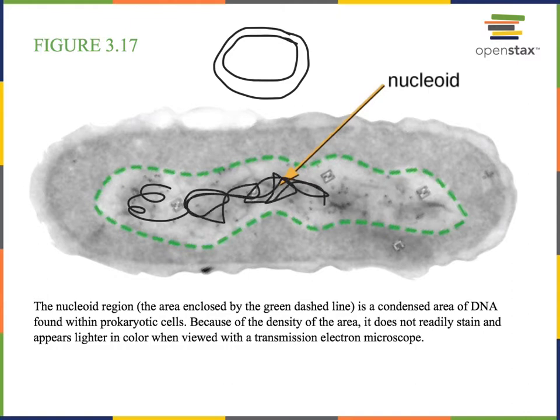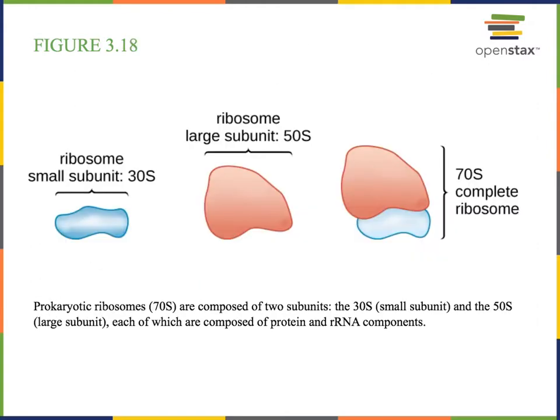It's just a supercoiled, twisted up rubber band, basically. And so we don't separate the activities associated with the DNA from the cytoplasm. It's all continuous.